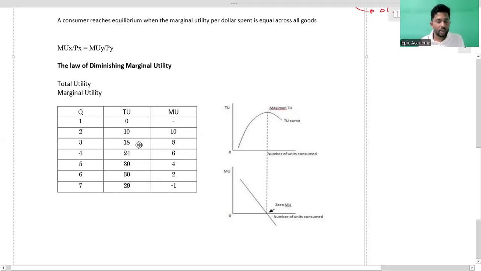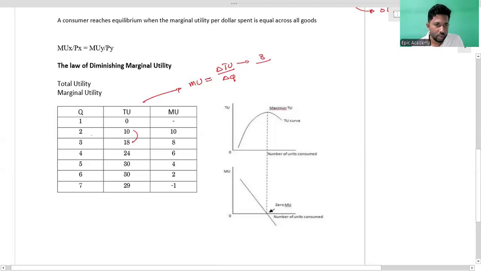So now you can identify marginal utility. How can we calculate the marginal value? MU equals delta TU divided by delta Q. That means the difference of the total utility, I will take this position, is 8.